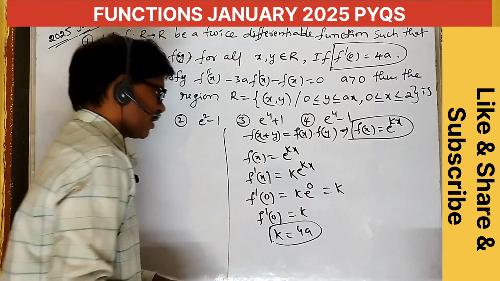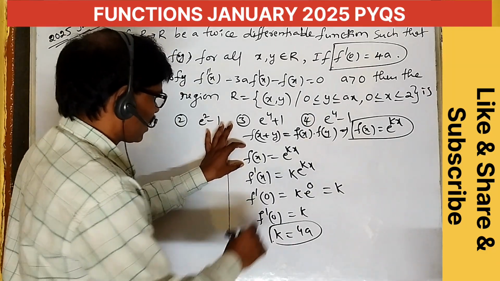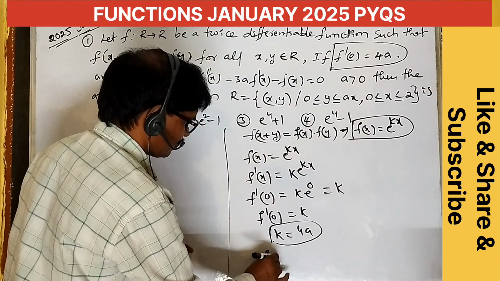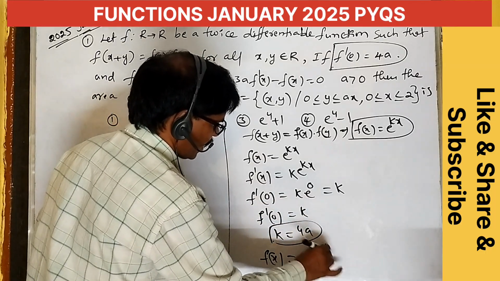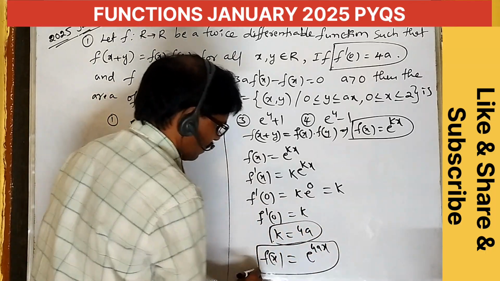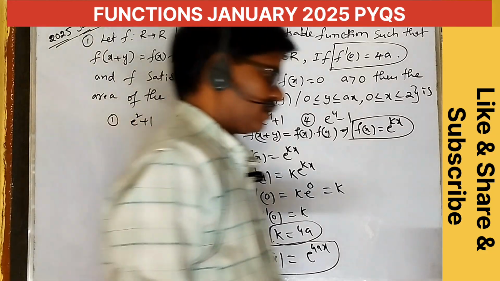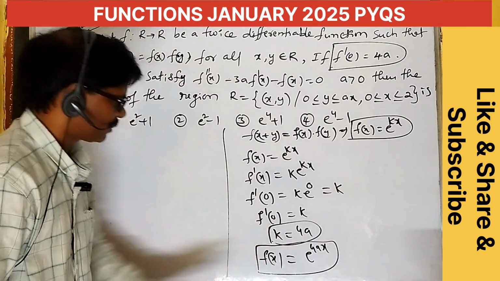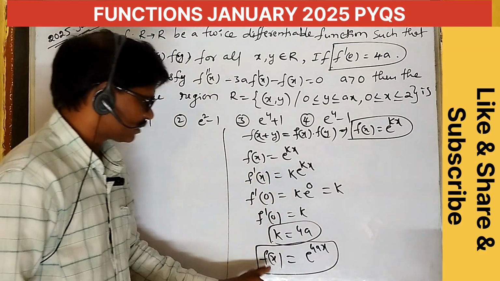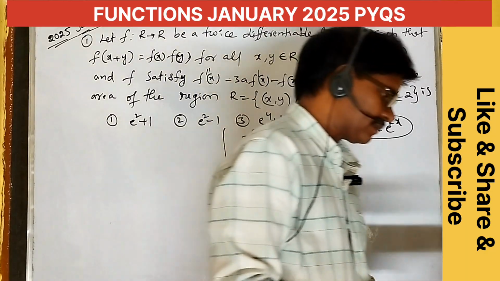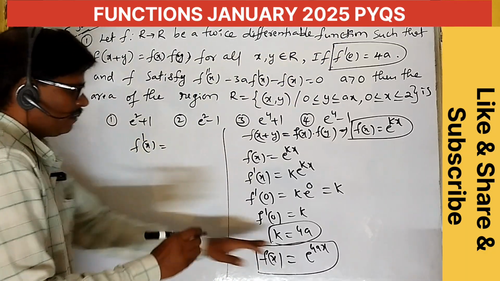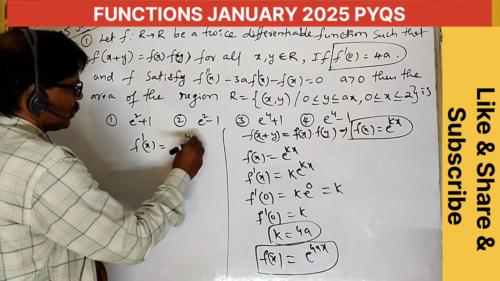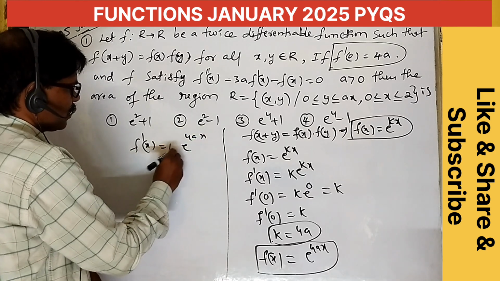K is equal to 4a means what is the f of x? f of x is equal to e power 4ax. This is the f of x, e power 4ax. This is the f dash of x. f dash of x is equal to e power 4ax into 4a, since 4ax derivative equal to 4a.